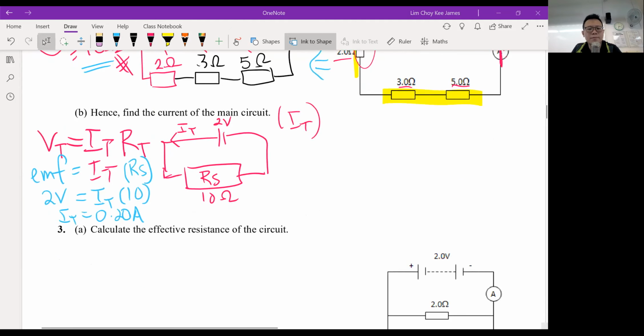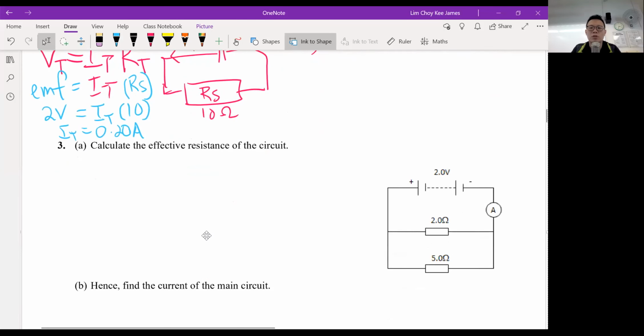Under your arrangements here, just take note that when we analyze circuits, we are looking at the resistance, the current flowing through the branches, and the potential difference.